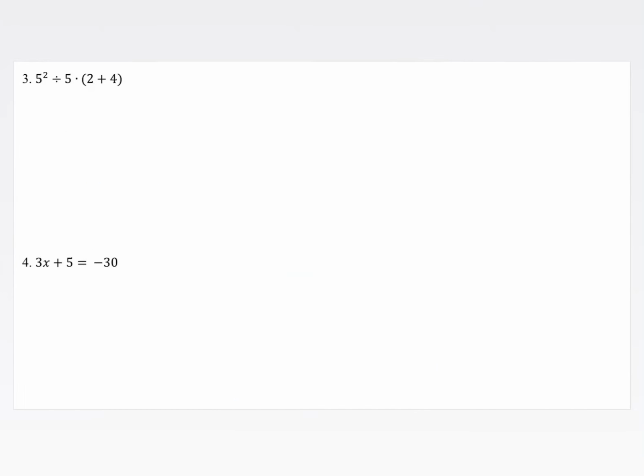Moving on to example number 3, here we have another example involving PEMDAS. Here we have parentheses first. So I'm going to simplify in my parentheses. 2 plus 4 gives me positive 6.